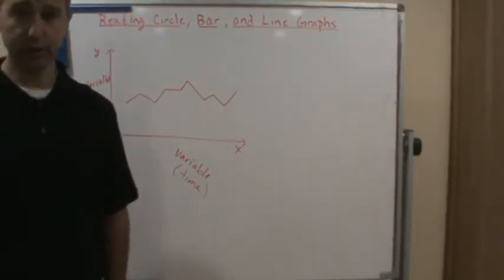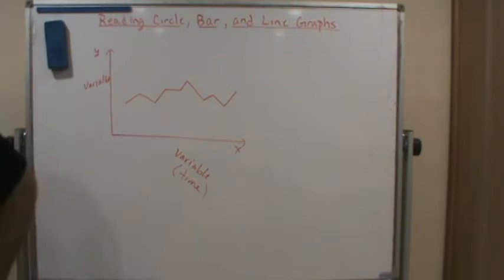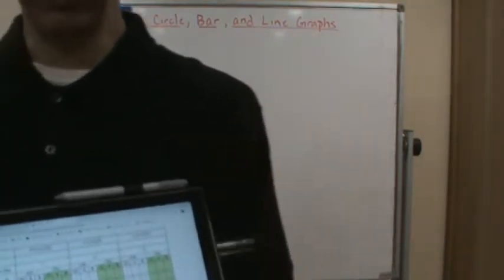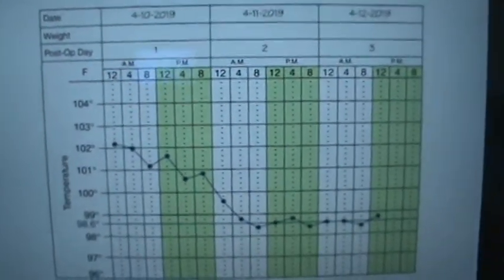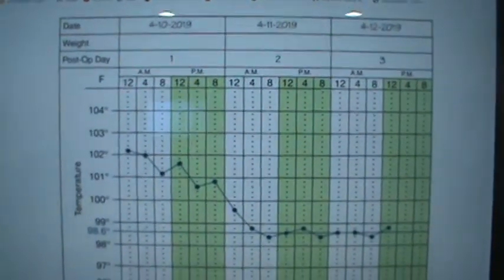Okay, so let's do an example. So let's use this chart here. Again, I'm not going to try to draw this chart out. Okay, but we could have this here. I'm going to show you. Okay, so let's say we have this chart here. Okay, and so what do we have?